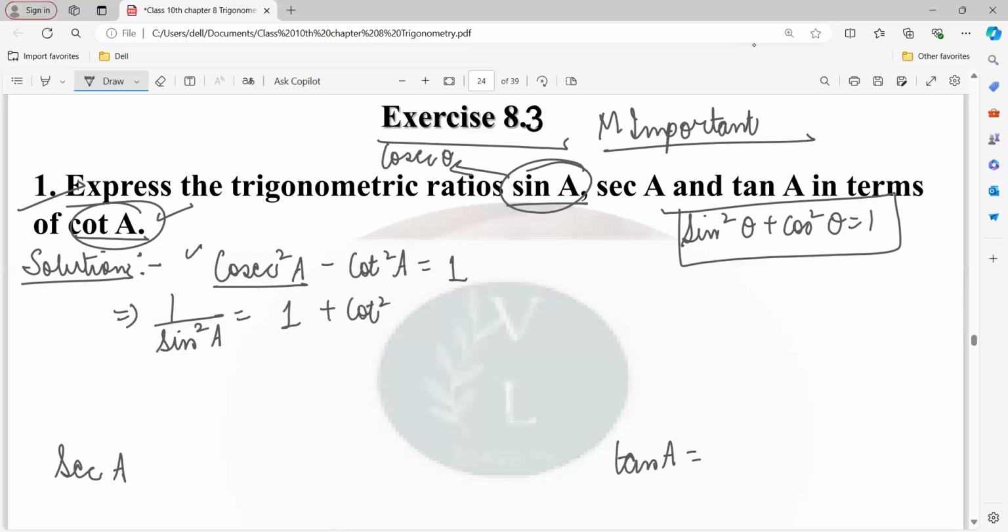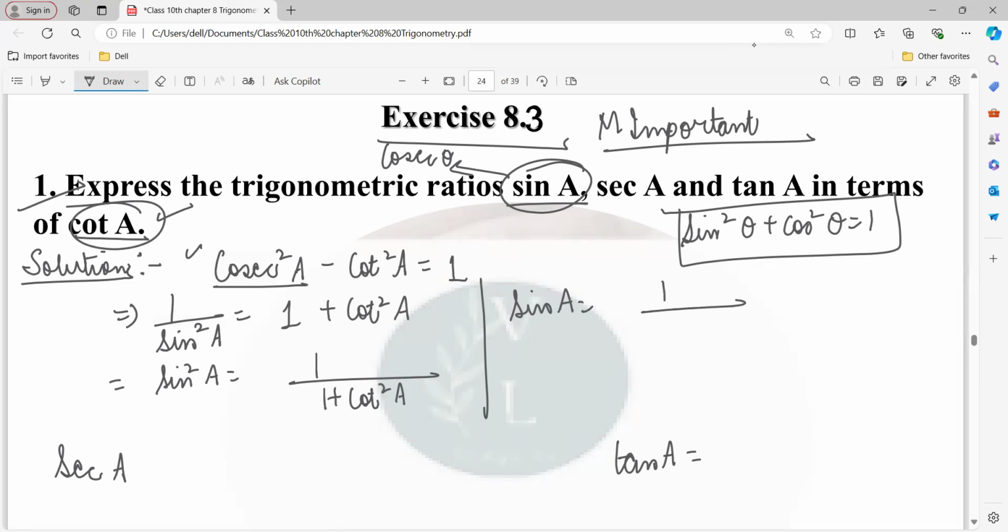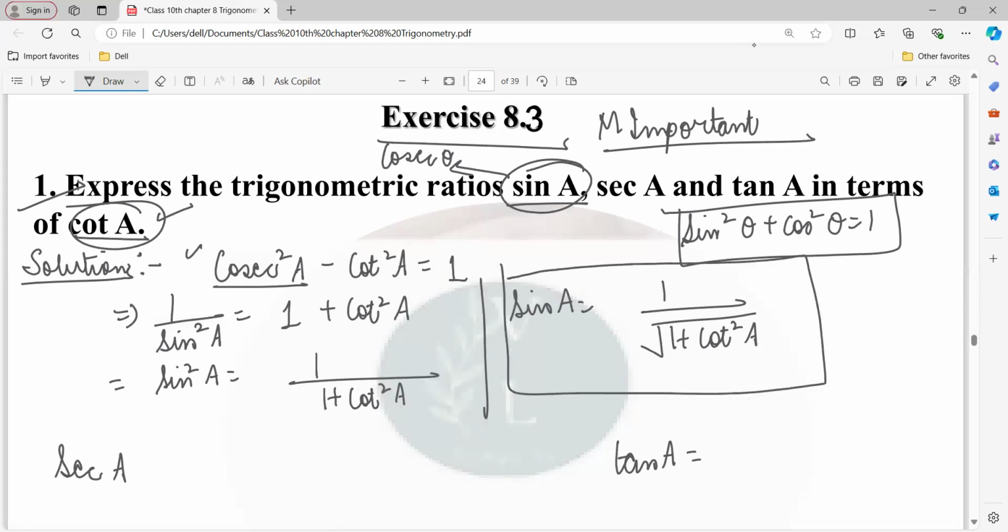So 1 upon sine square A equals 1 plus cot square A. We want sine square A, so sine square A is 1 upon 1 plus cot square A. And we want the value of sine A, so we take the square root: sine A equals 1 upon the square root of 1 plus cot square A. And this is our answer. Is it clear?